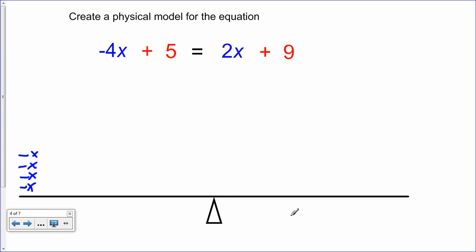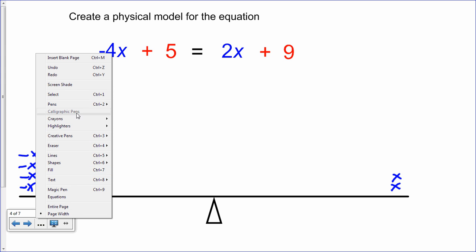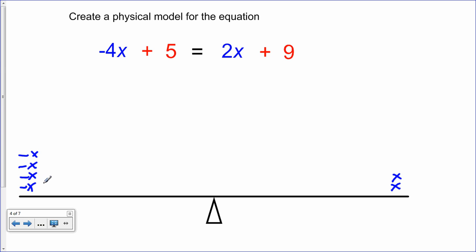That's negative 4x on the left, and I've got 2x on the right. And of course, I still have 5 and 9. 1, 2, 3, 4, 5. 1, 2, 3, 4, 5, 6, 7, 8, 9.